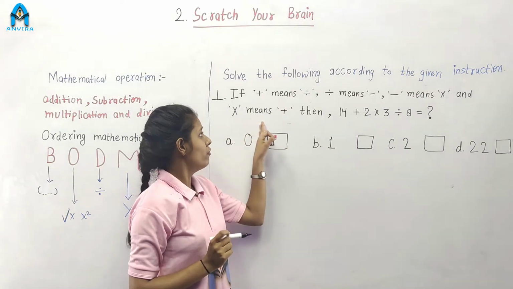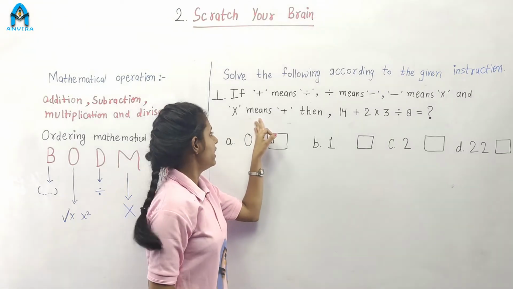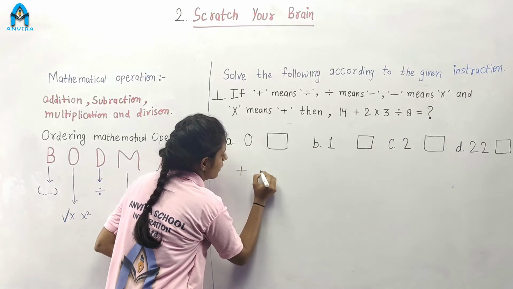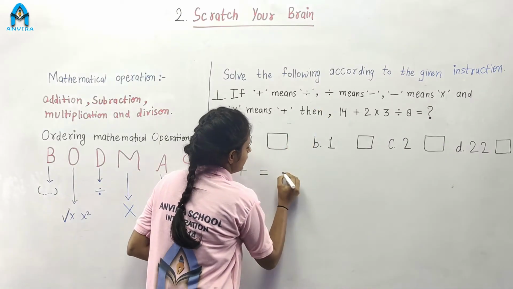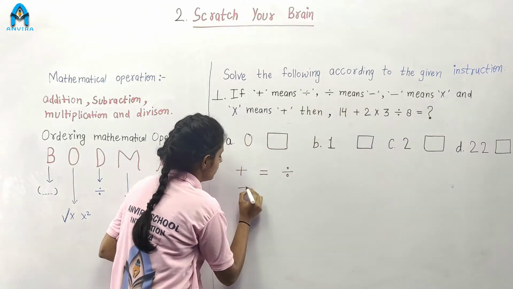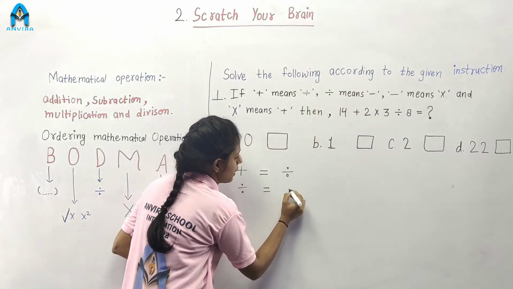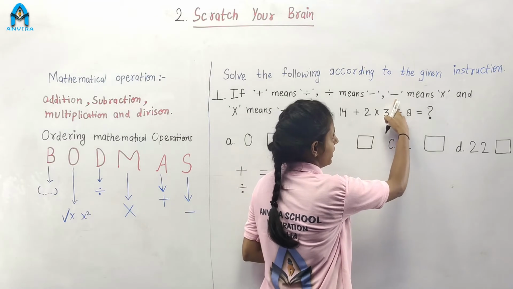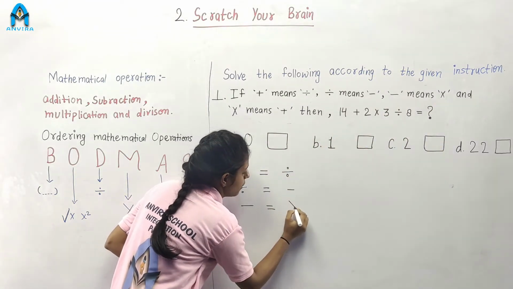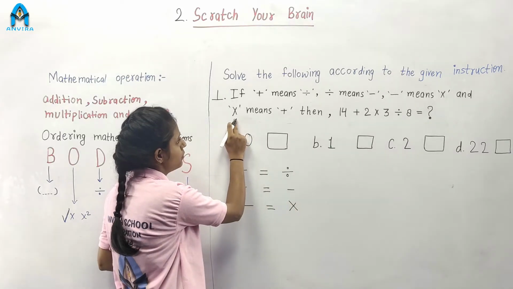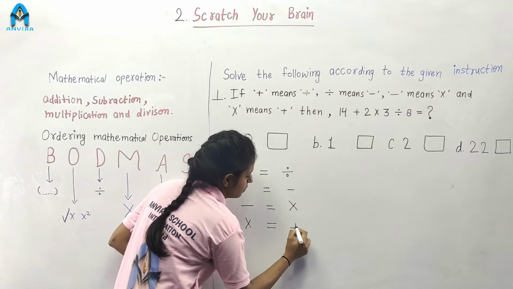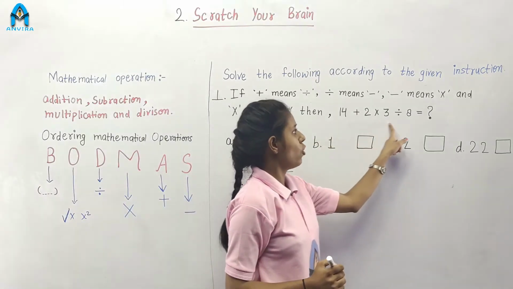First of all, we have to make a short key: addition is divide, divide is minus, minus is multiplication, and multiplication is addition. Now we have to solve this.